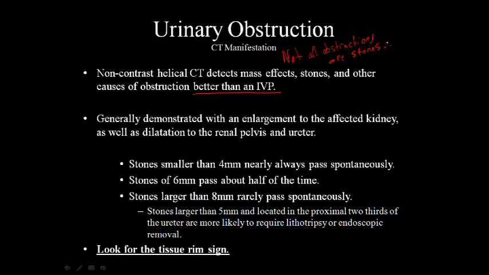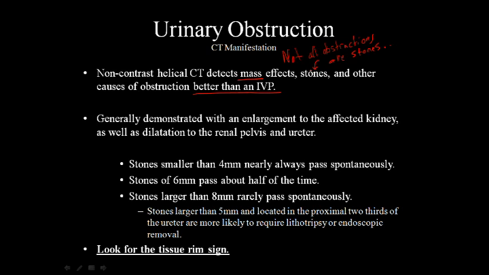And so that's why in the old days we tended to go with an IVP. But think of all the things that were missed, because there can be things such as a mass or a stricture, and not just stones. So not all obstructions are stones. Keep that in mind. And so we see in non-contrast helical CT other causes of obstructions.